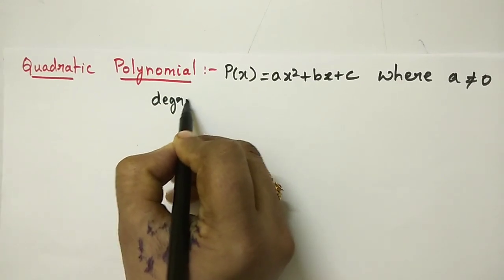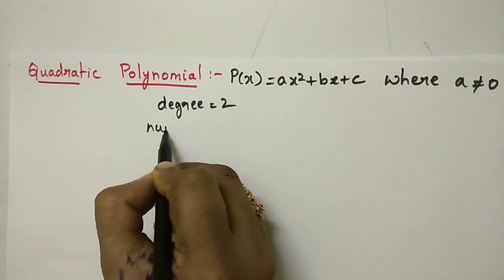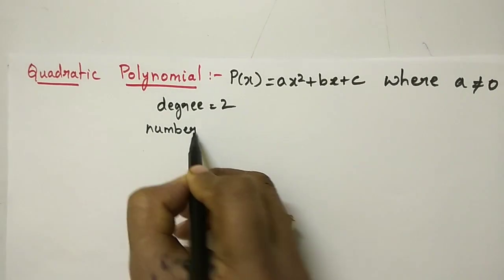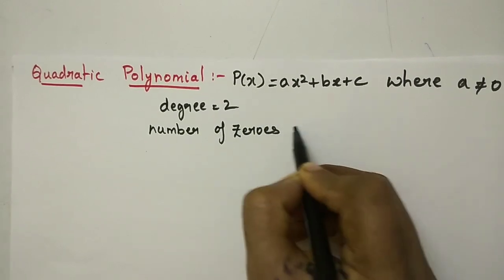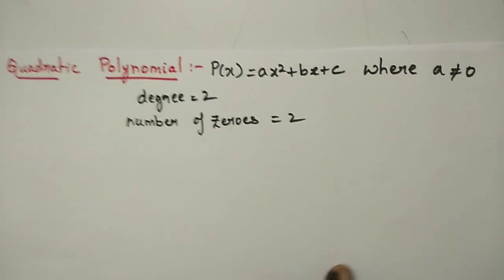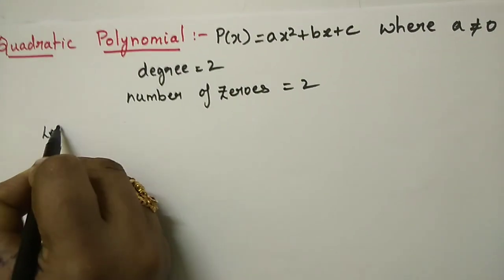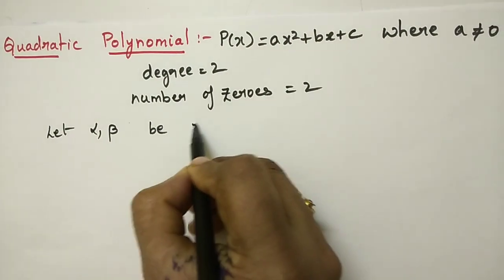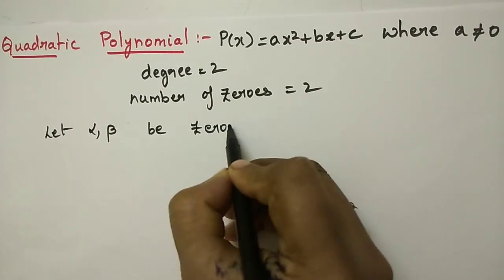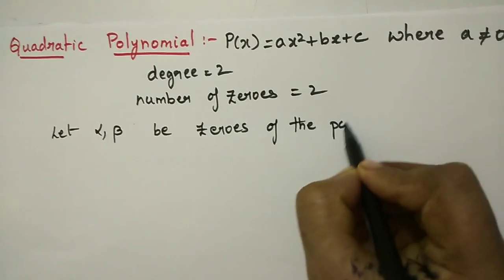It is 2. So the number of zeros will be 2. So let alpha, beta be the zeros of the polynomial p of x.